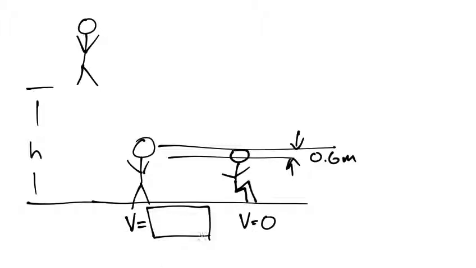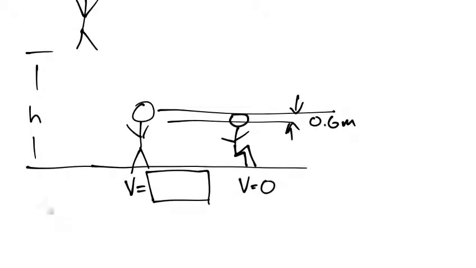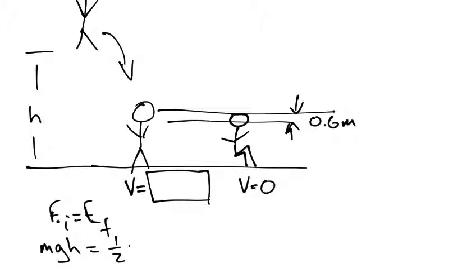Well, in order to find that out, we can use a little bit of conservation of energy. Now, that's one way to do it. But if you say the initial energy is equal to the final energy, going from here to here, then initially the person jumps from rest, so they just have gravitational potential, and then finally at the bottom they have kinetic energy.